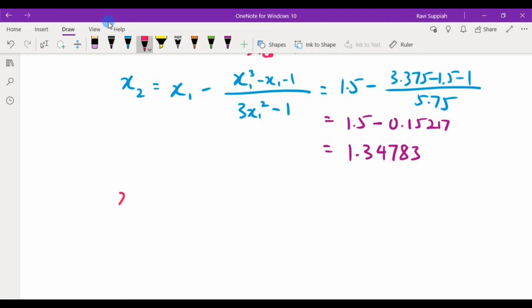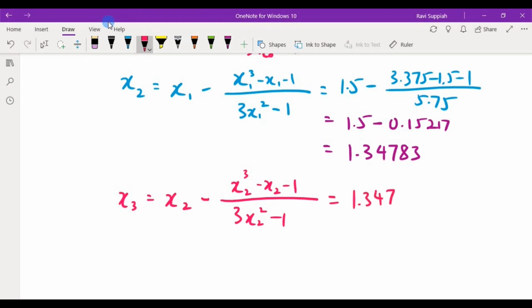Let's go on to find x3. As you can see, it is the same formula and we just need to keep updating it with the new values. So x2 cubed minus x2 minus 1 over 3 x2 squared minus 1 gives 1.34783 minus, and I will leave it to you to figure out the intermediate values.